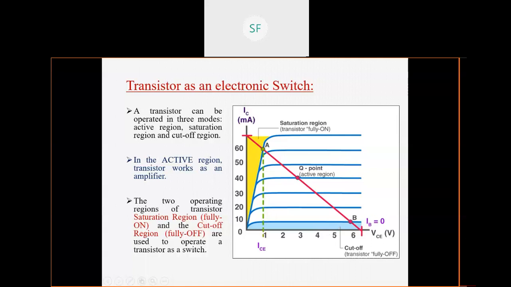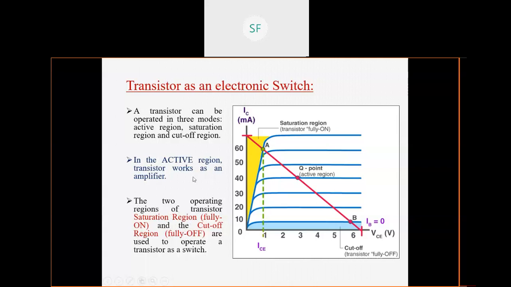Okay, so I will just read a few points for you. A transistor can be operated in three modes: active region, saturation region and cutoff region. In active region, transistor works as an amplifier. We have seen that. The two operating regions of transistor, saturation region and cutoff region, are used to operate transistor as a switch.